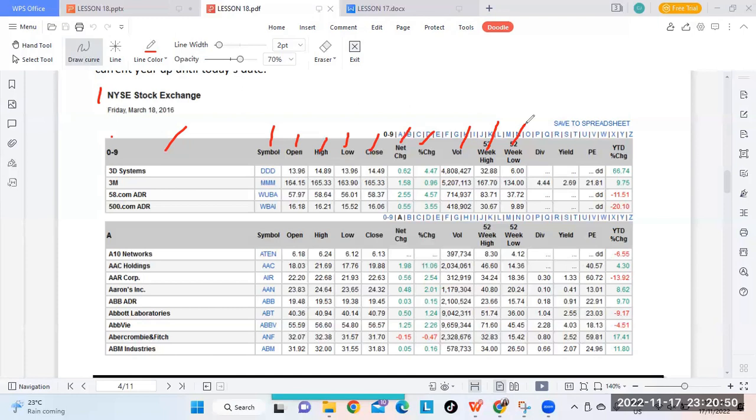So 52-week high and then 52-week low. That is the highest and lowest prices at which a stock has traded over the previous 52 weeks. And that's for 1 year.